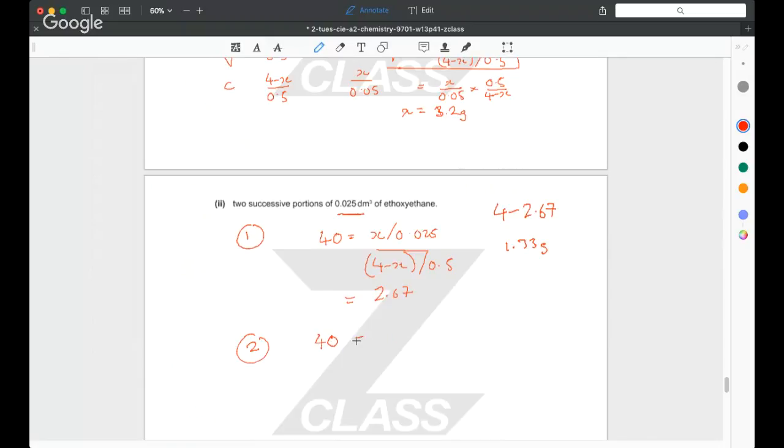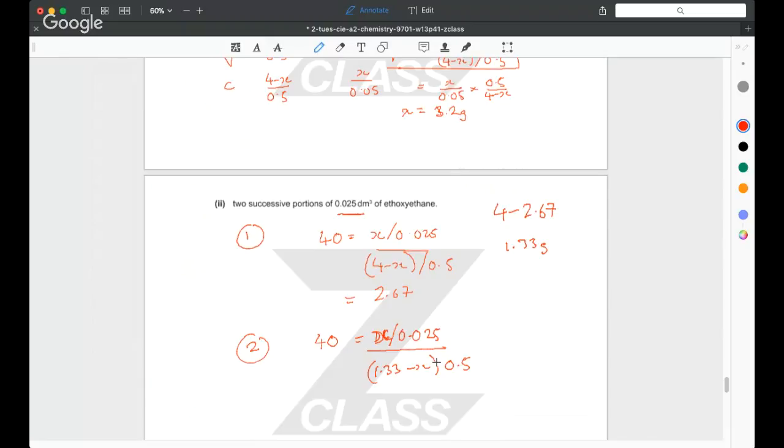There's your equilibrium constant, or your partition coefficient, and you are using another 0.025 decimeters cubed of the ether, ethoxyethane. But this time, sorry, that's my X there, you've got 1.33 grams minus X, and you've still got 0.5 decimeters cubed of the aqueous phase.